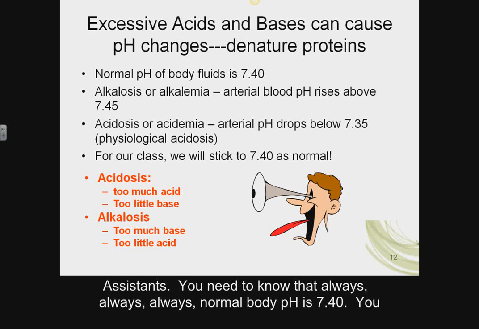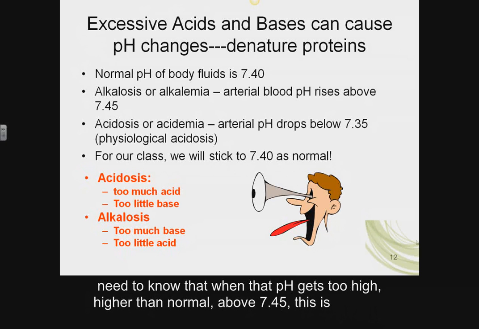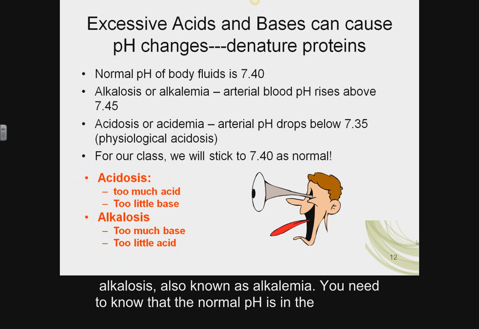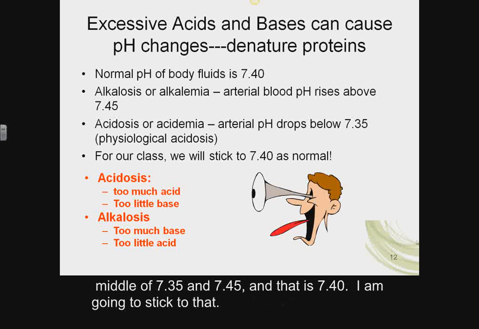You need to know that when the pH gets too high, higher than normal, above 7.45, this is alkalosis, also known as alkalemia. You need to know that the normal pH is in the middle of 7.35 and 7.45, and that is 7.40. I'm going to stick to that.